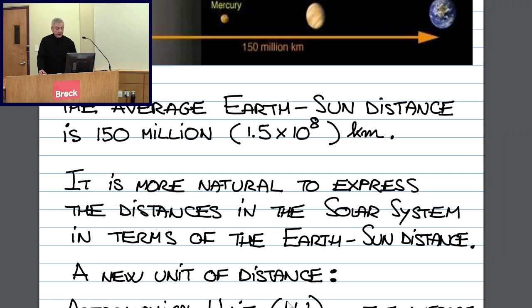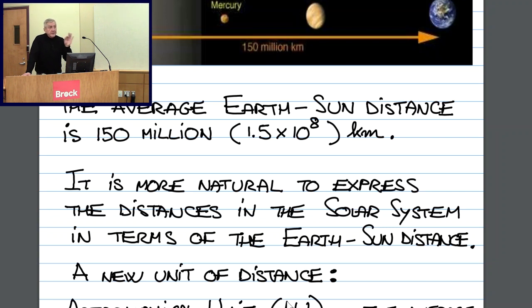So 1 astronomical unit, by definition, is the average Earth-Sun distance, or if expressed in kilometers, 150 million kilometers. Now, why do I talk about the average Earth-Sun distance? Turns out that the Earth's orbit around the sun is not a perfect circle. Sometimes it is closer to the sun, and that happens around Christmas time or the winter solstice. And sometimes it is at a greater distance from the sun, and as it happens, the Earth is at the greatest distance from the sun at the beginning of July.